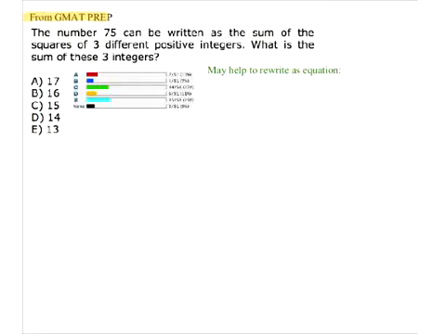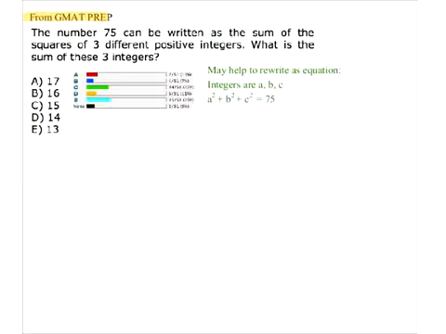If you do that, let's say your integers are A, B, and C. Then you get A squared plus B squared plus C squared is 75. The exponents will show up in a second. There's an exponent, there's an exponent, there's an exponent.